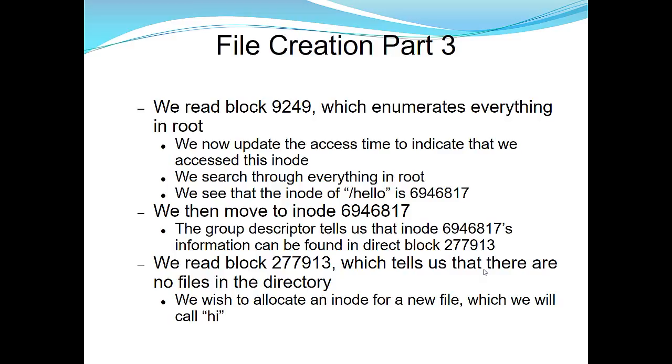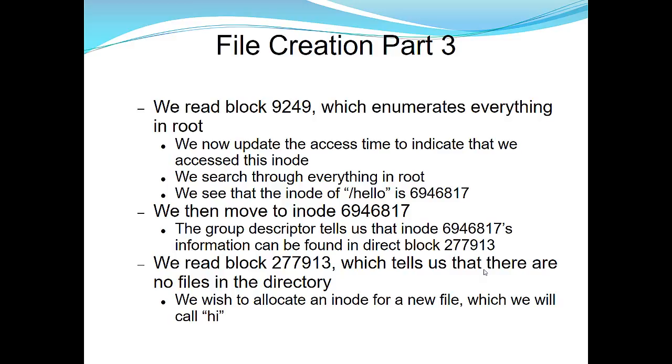We then move to the inode at 694.6817, and the group descriptor tells us that its information can be found in direct block 277913. We read block 277913, which tells us that there are no files in the directory.